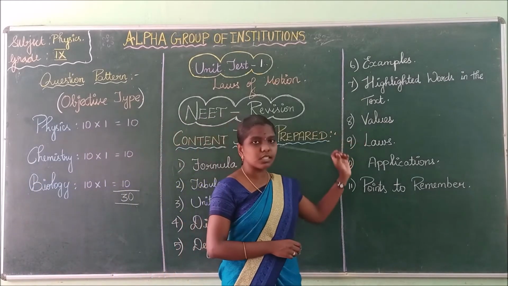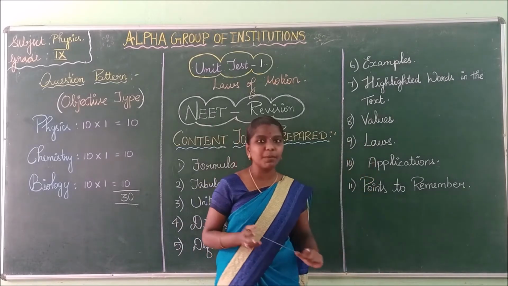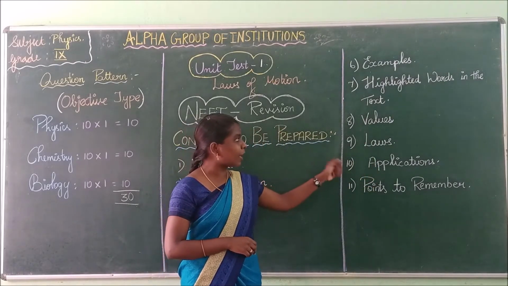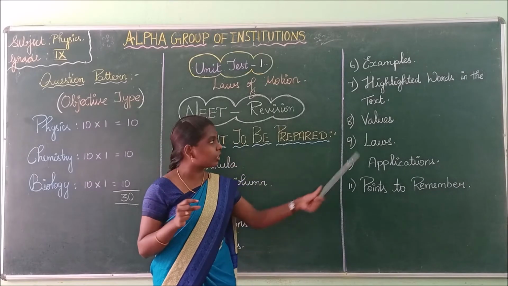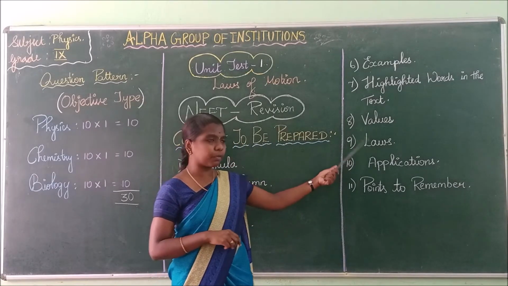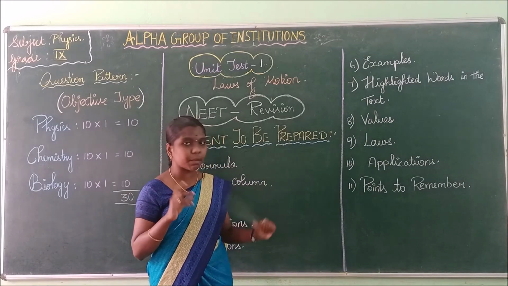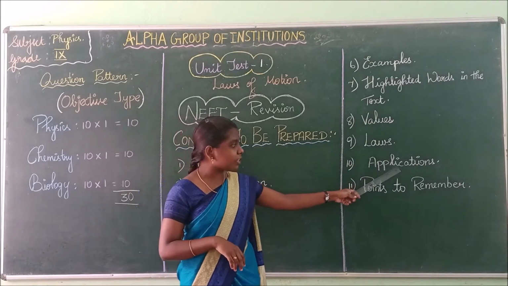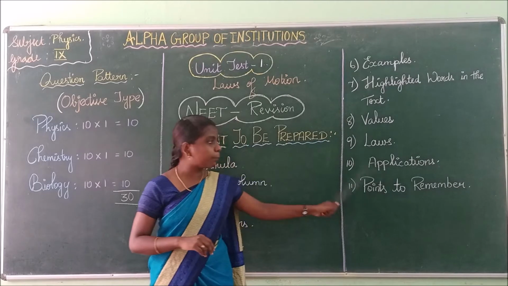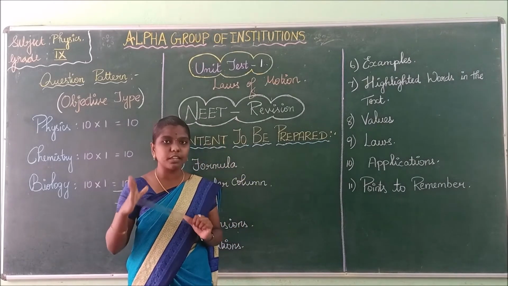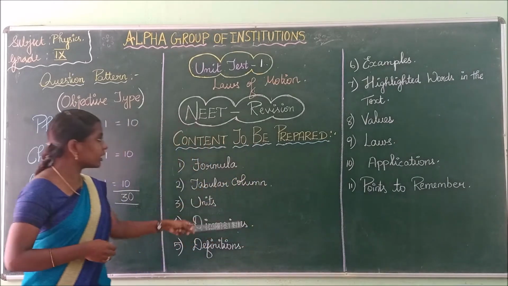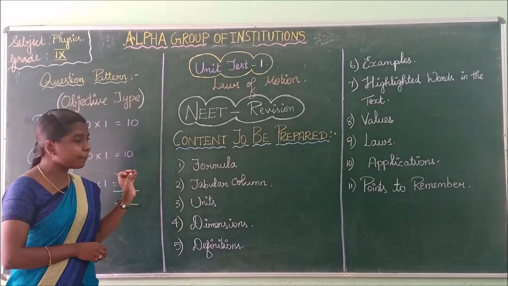Then the highlighted words in the text, that is, the text given in black letters, and the values, which are nothing but the numbers with units. Also the laws, namely Newton's first law, second law, third law, and the examples for those laws, the applications given in your text, and the points to remember given at the end of your text. These are all the contents that you should prepare for the test.